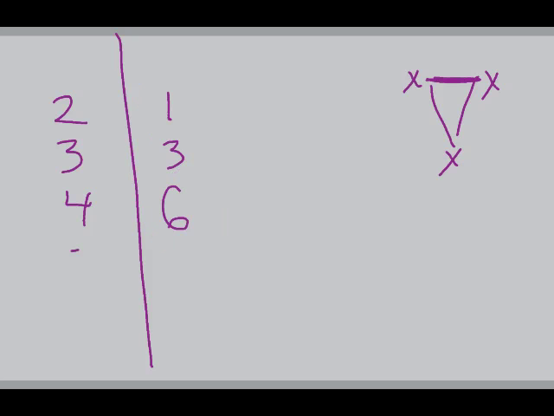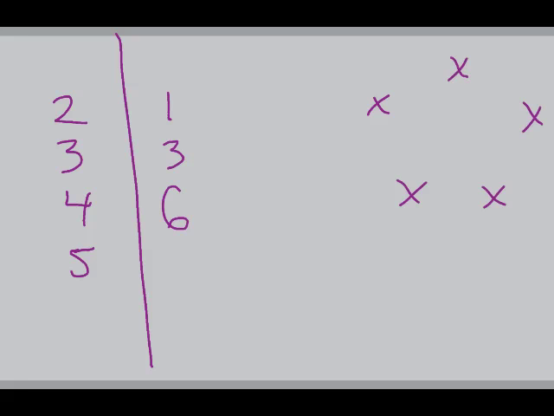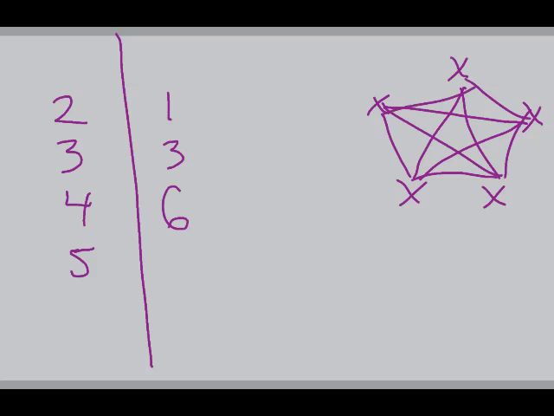So why don't we quickly do a 5-person tournament. Let me erase these X's. In our 5-person tournament, 1, 2, 3, 4, 5 people, we have 1, 2, 3, 4, 5, 6, 7, 8, 9, 10 games. Okay. Now maybe you can start seeing a pattern so that I can get up to my 6th and 7th games as well.